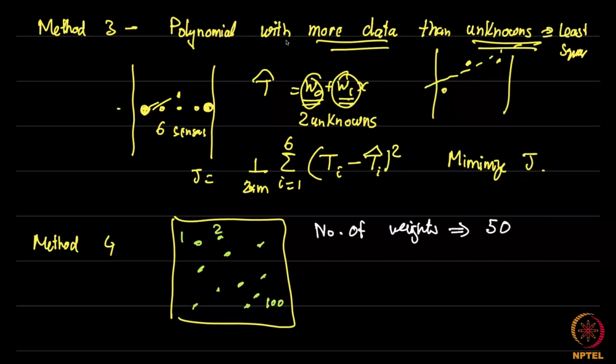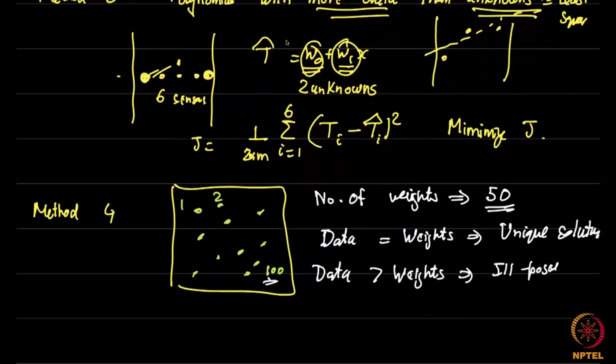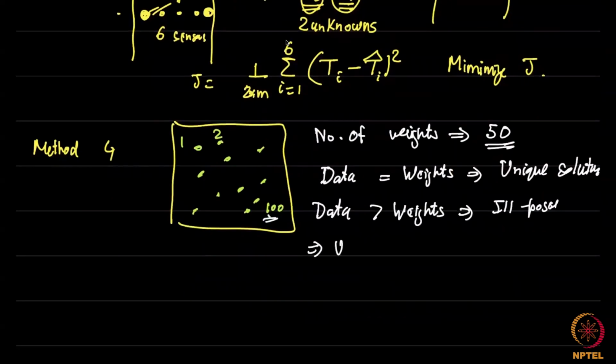Then if it was exactly 50 data points and exactly 50 weights, if data equals weights, we have a unique solution. In fact, this, as you know, is the nature of inverse problems. But if data is greater than weights, we have an overdetermined problem. And all we need to do is use least square.